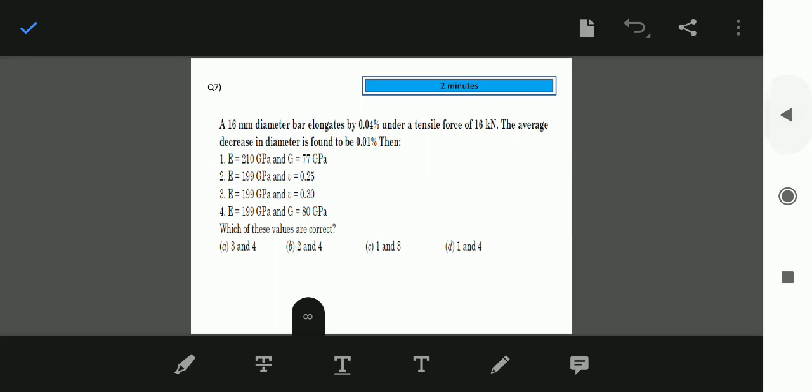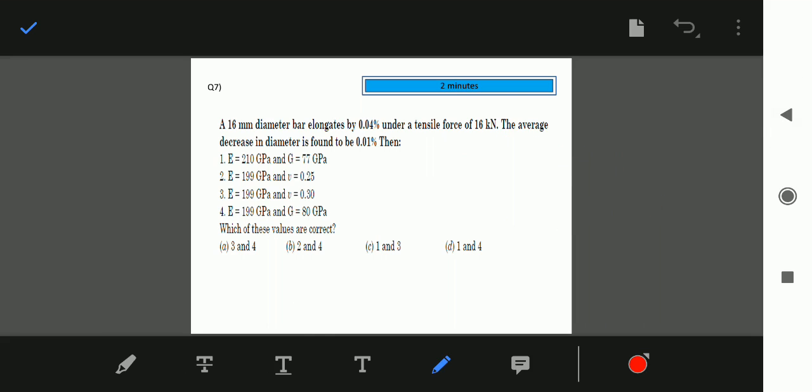Here the elongation, the longitudinal strain, is given as 0.04%, and lateral is given as minus 0.01%. So mu will come out to be minus of minus, that is plus, 0.01 divided by 0.04, so mu will be 0.25.